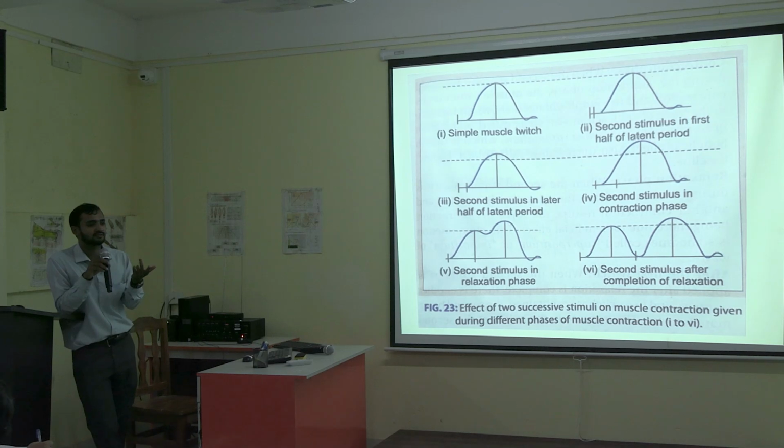Okay, the second point is the diameter of the nerve. Okay, and the third factor is temperature. Then the fourth one is at which point we are giving the stimulus. If it is towards the vertebral end, then it will take more time, and if it is close to the neuromuscular junction, it will take less time.